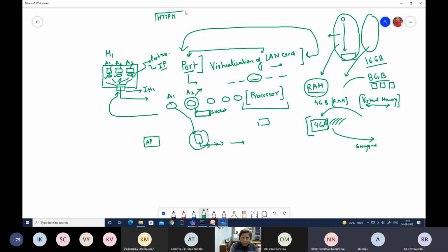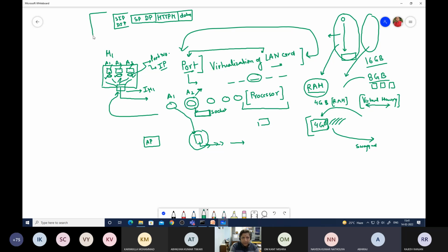Then the HTTP data. At the transport layer, it will be encapsulated by the transport layer header, so source port and destination port would be put. At the network layer, it will be encapsulated by the network layer header, with source IP and destination IP in the network header.